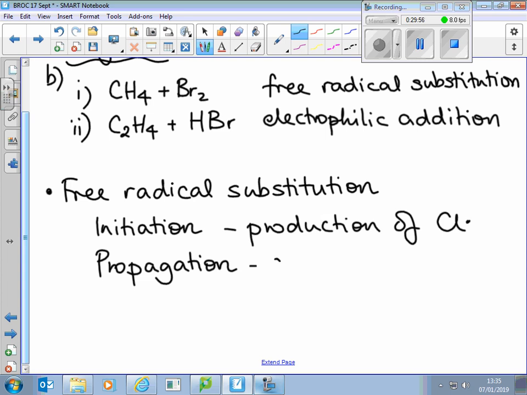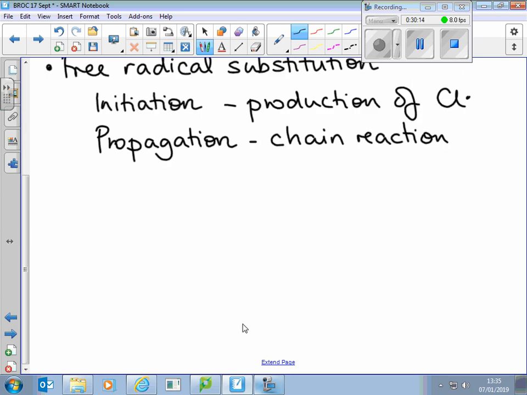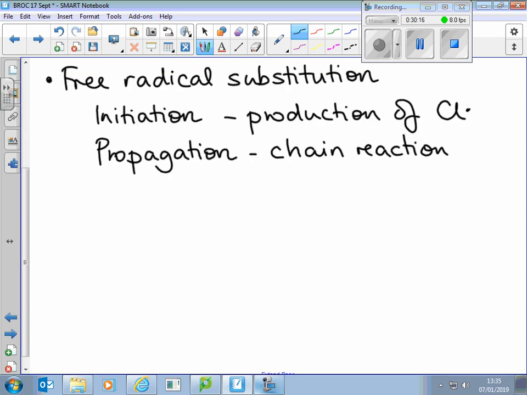But this is a chain reaction, which I'll show you in a minute, where the chlorine radical reacts with methane, and it sort of carries on until something needs to bring it to a close, and you get termination. And you get your final products, you know, the whole thing comes to a stop.